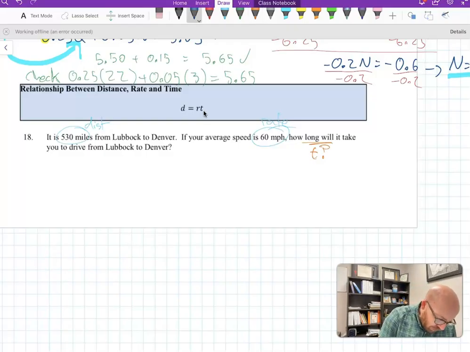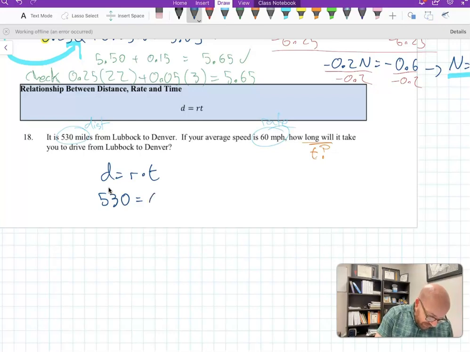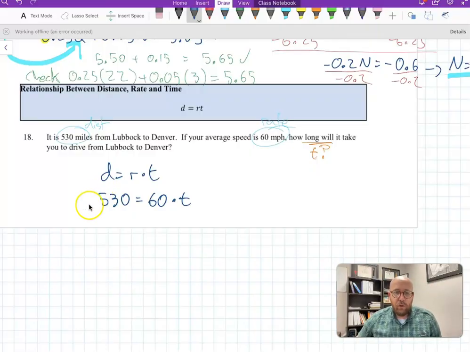So if we go to our formula, distance is equal to rate times time, and we plug in our values. We can replace D with 530. We can replace rate with 60, but we don't know T. So, looking at this equation, we need to solve for T. How do we solve for T?